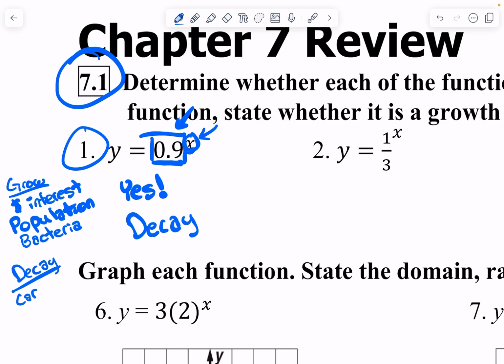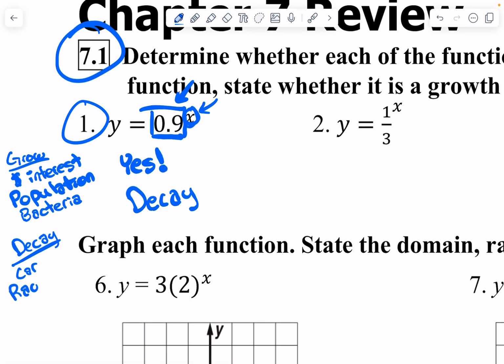Radiation is another one that decays exponentially. When a radioactive bomb goes off, the amount of radiation in the atmosphere will go down exponentially. Those are examples of growth versus decay. So 0.9 means it's going down a little each time, like radiation or a car losing value. So yes, it's an exponential function, and it's a decay.